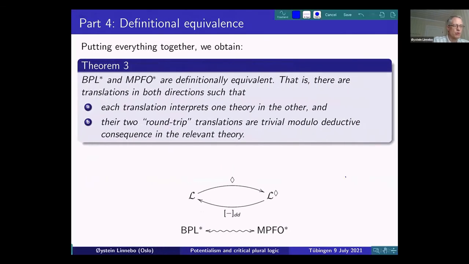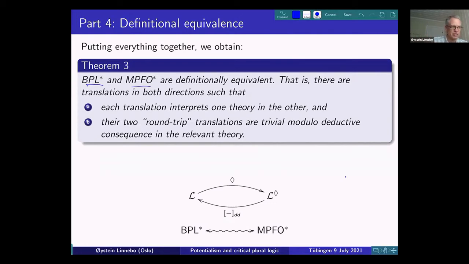And then we get our final technical result towards answering this question of the correct plural logic for merely potential domains. And this takes the form of a definitional equivalence result. So we have the two systems I've talked about, or to be strict, some very slight modifications of them.